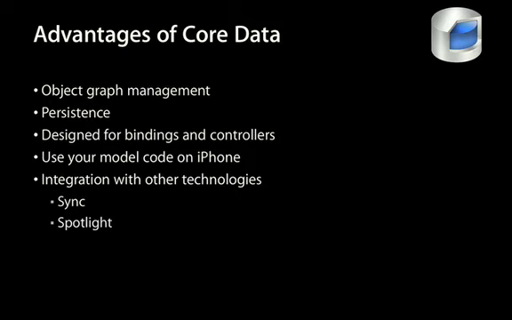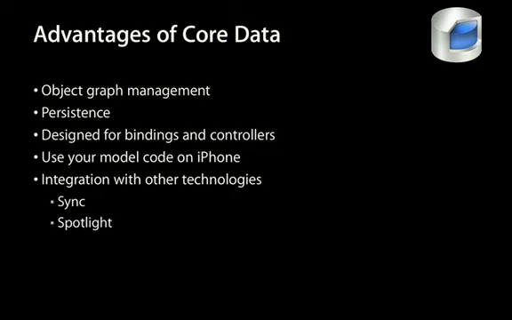And if you're using SQLite, you actually also get incremental loading and saving, which can be a huge win if you're dealing with a lot of data. Core Data is directly integrated. In fact, it's written to work well with other technologies like bindings and the Cocoa controller objects, which makes it that much easier for you to get your data into the user interface, where the user can actually see it and edit it.